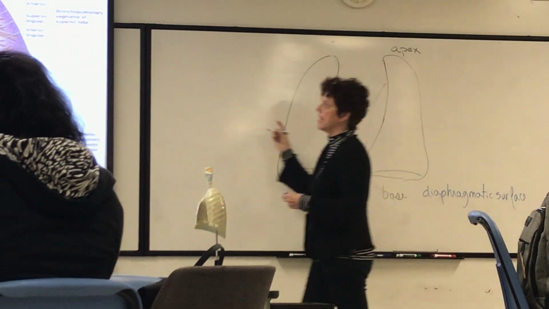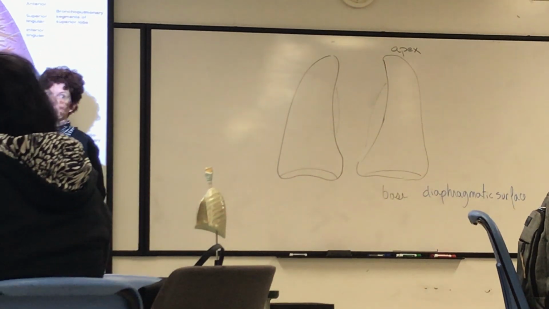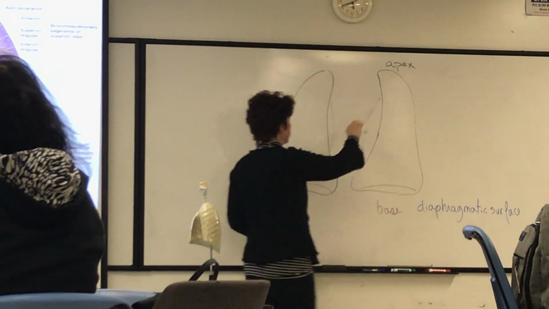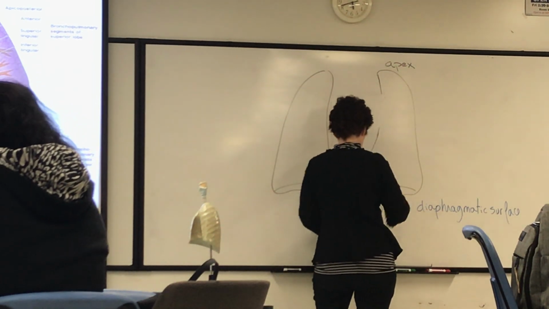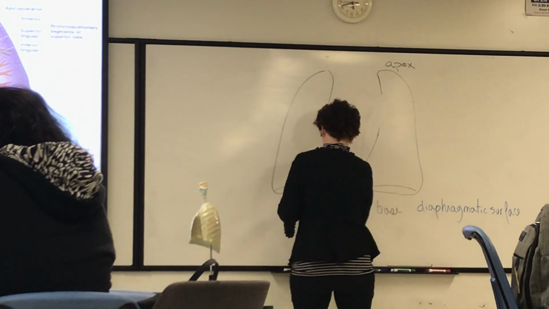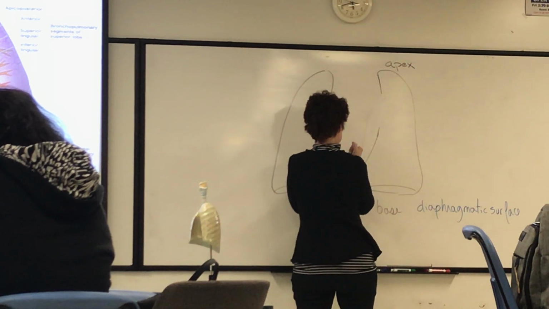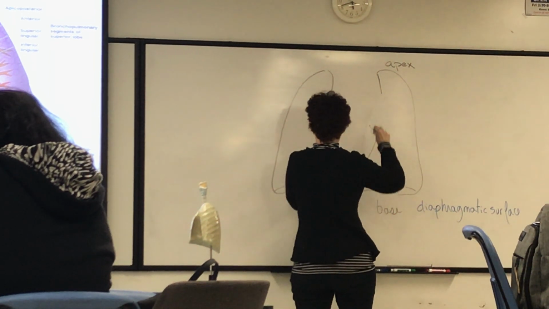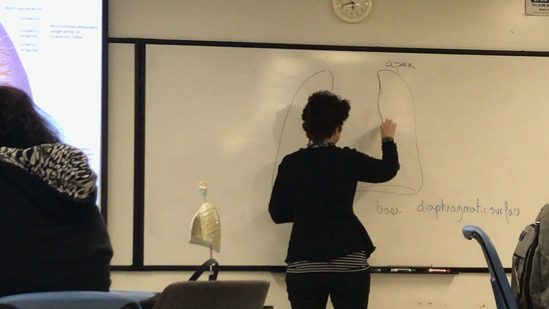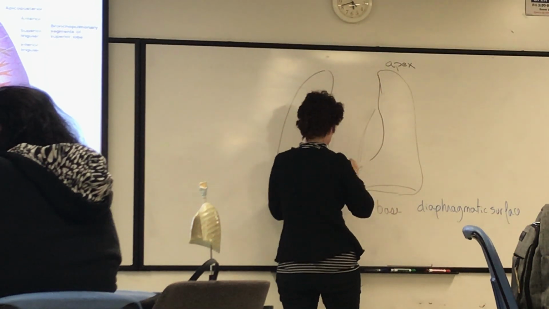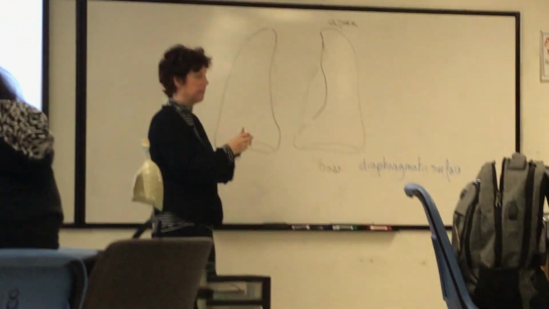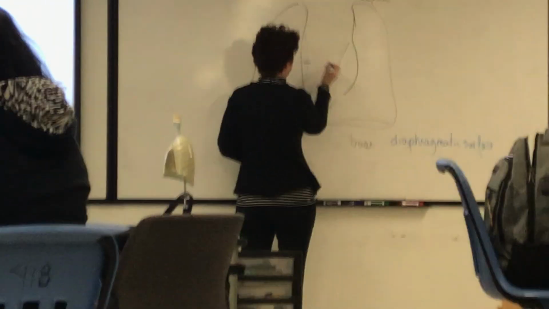Then facing the mediastinal cavity, we have the mediastinal surface. And that would be in contact with the parietal pericardium of the heart.